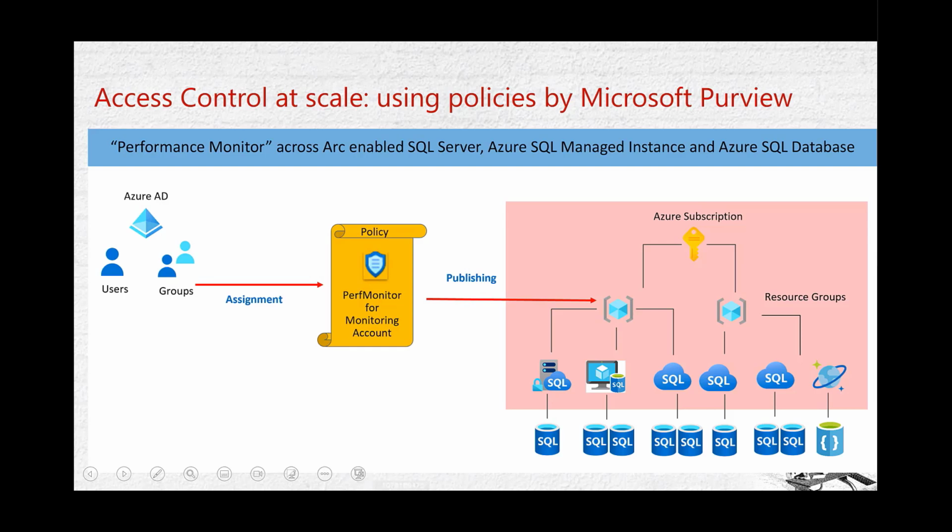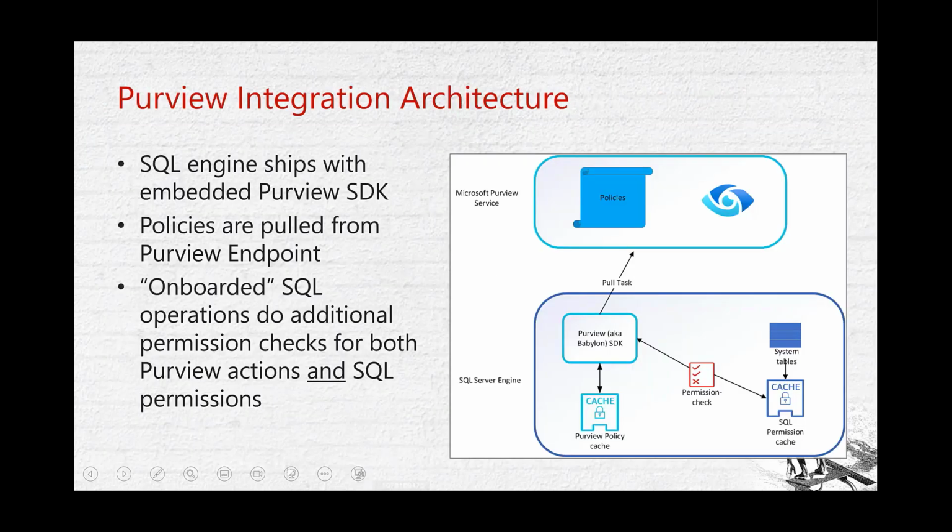So how does SQL Server understand that there is now some access granted to a given individual? On this slide, we can see the Microsoft Purview service, which is, of course, a totally different resource provider than Azure SQL. So we have a second box here, the SQL Server engine. It's a separate service, so there is a communication going on between those. We have integrated inside the SQL engine a library from Purview that regularly pulls new policy definitions, and assignments of who these policies apply to, into the SQL Server engine.